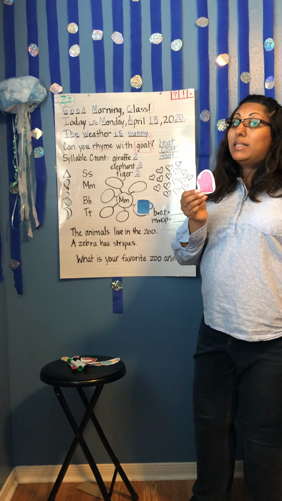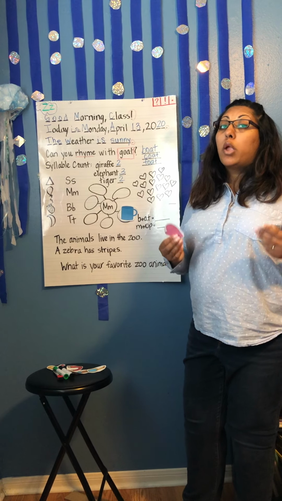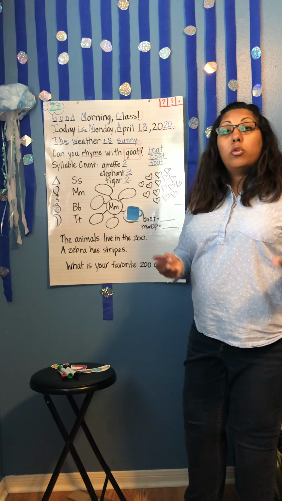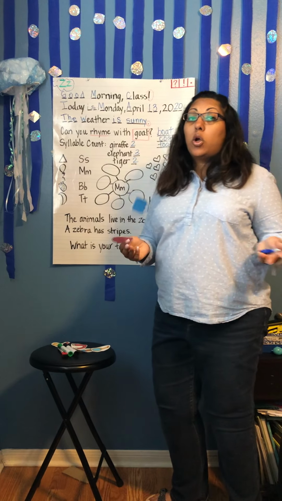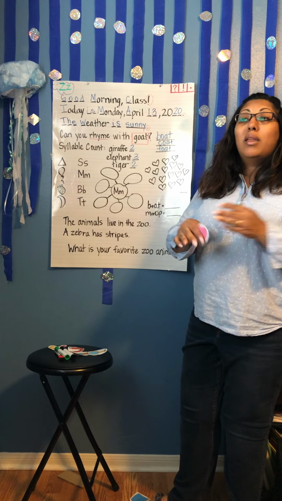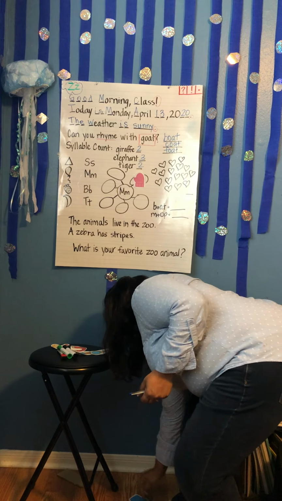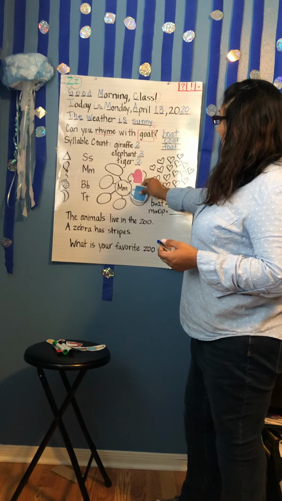That's right, that's a mitten. What is it? A mitten. And where do you wear the mitten? When it's cold outside, right? So you can wear a mitten. Another name for mitten is a glove. But this is a mitten, okay? Mitten. I'm going to pick that mug back up.